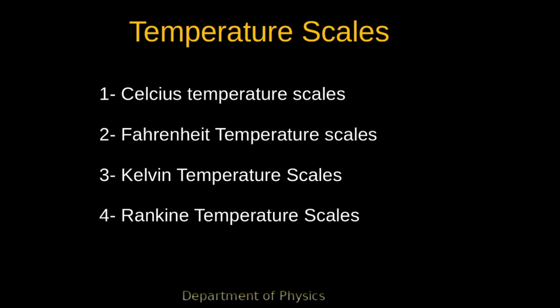It starts at absolute zero, and 0 degree Ra, that is the Rankine unit, is the same as 0 Kelvin, but it is different as a change of 1 degree Ra is the same as a change of 1 degree Fahrenheit and not 1 degree Celsius.